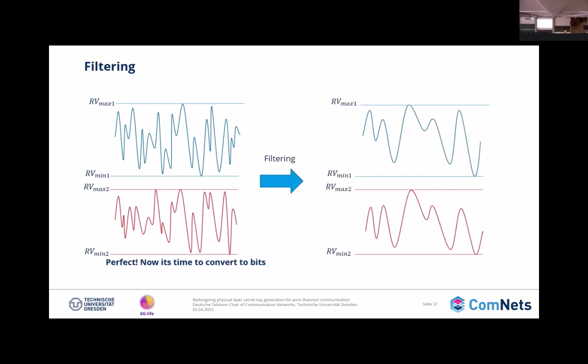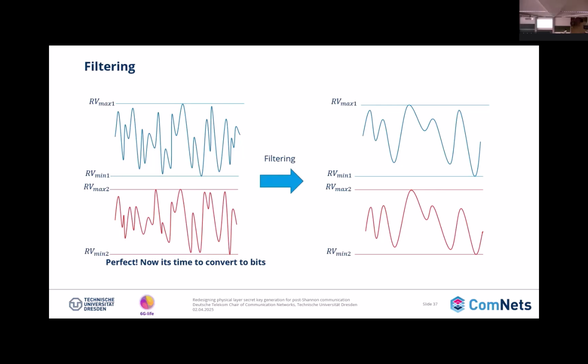So how can we deal with that? We have to remove highly uncorrelated parts in the random variables that we're generating, and we have to retain the correlated parts. We noticed that the highly uncorrelated part mainly belonged to the upper frequency part, so we had to filter out the signal.